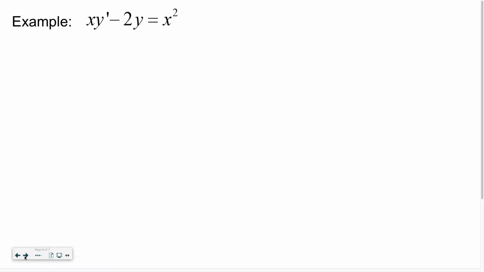All right, so let's talk about this one. Is it in standard form? No. Why not? x is being multiplied by dy/dx, and I want dy/dx to be alone. Do you want me to keep it as y prime, or would you prefer dy/dx? So dy/dx.